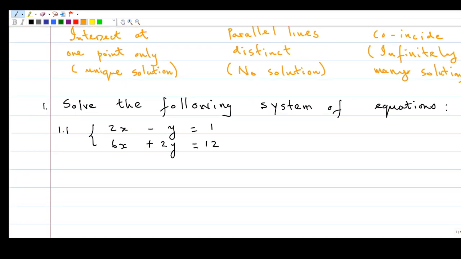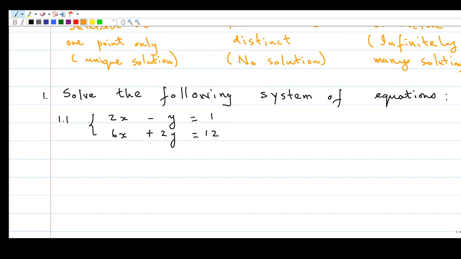Okay, we're going to look at a few cases where we have linear systems of equations and we want to solve them. These are types of equations you've come across at school, linear equations in two unknowns.